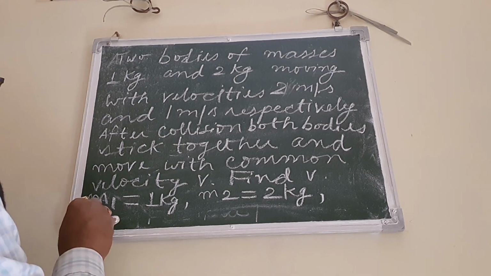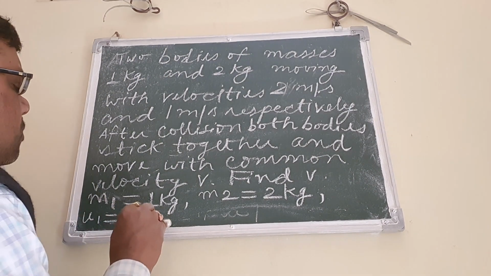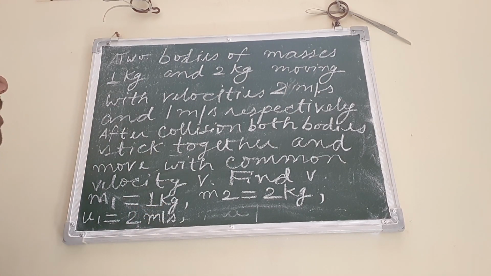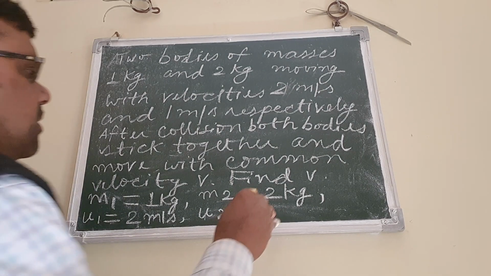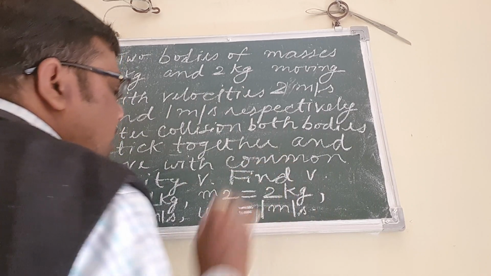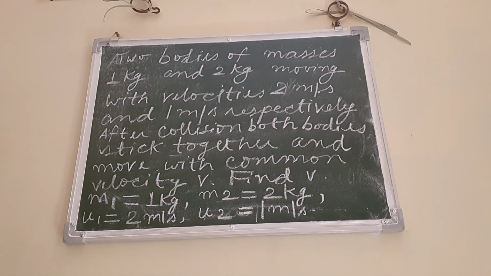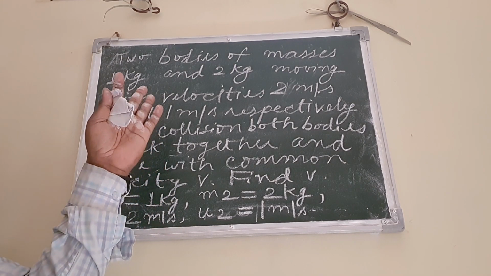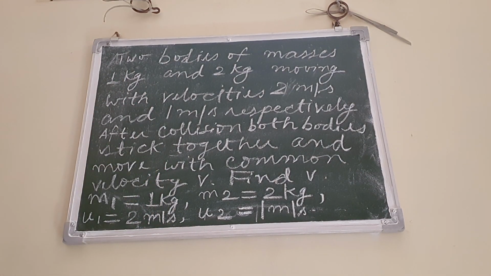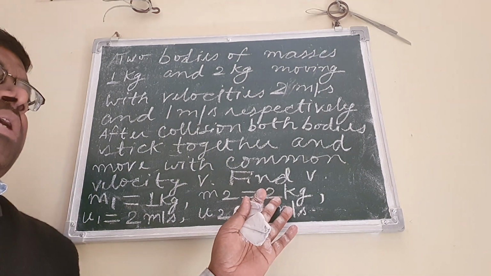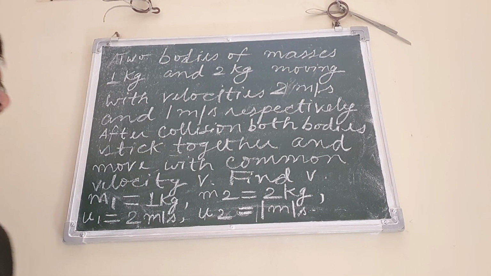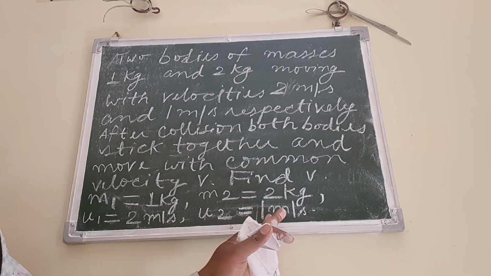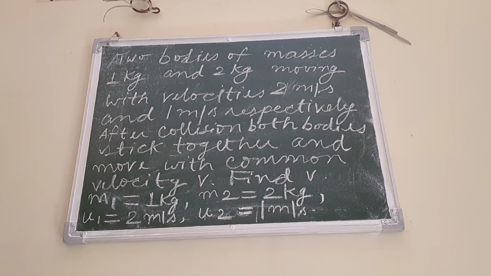So u1 is 2 meter per second, the initial velocity of the first body, and u2 is 1 meter per second, the initial velocity of the second body.